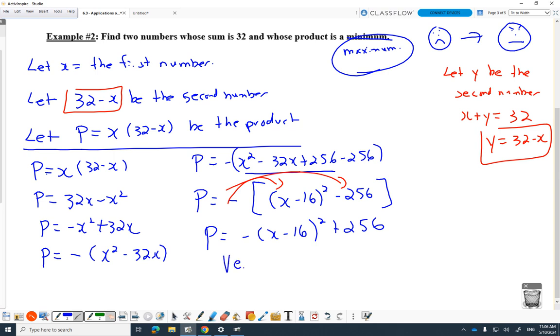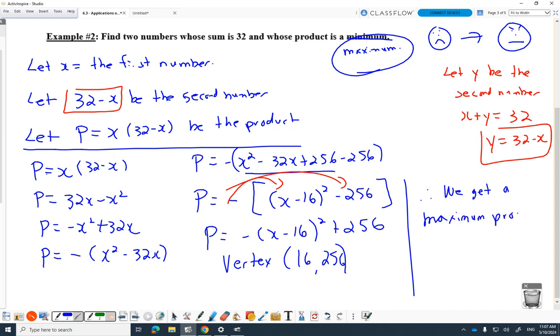Vertex, 16 comma 256. And my therefore statement. Therefore, we get a maximum product of 256 when x equals 16.